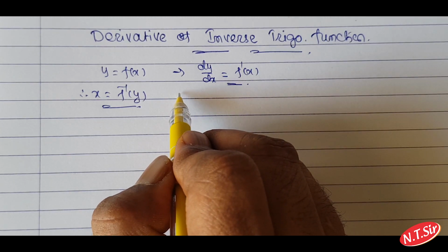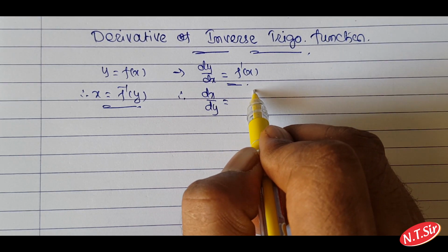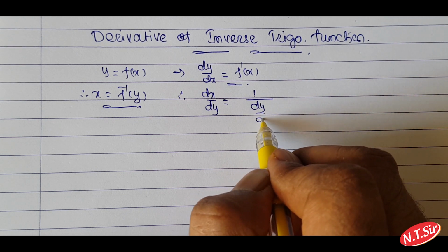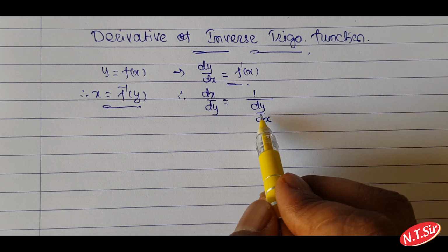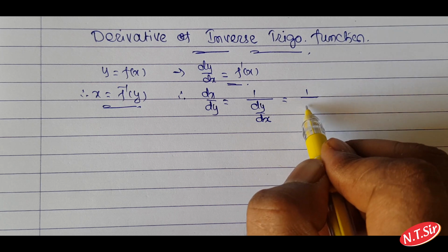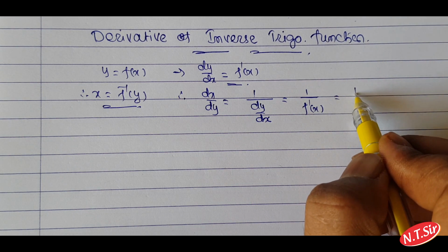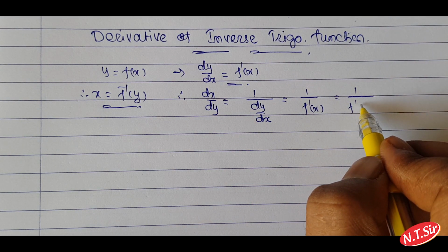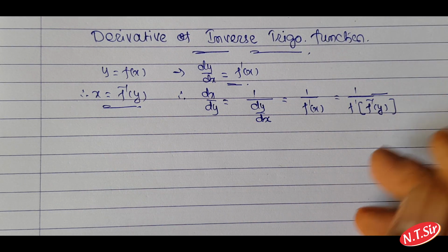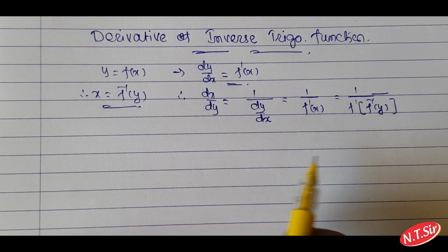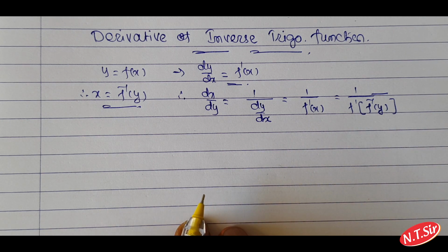Therefore dx by dy is equal to 1 upon dy by dx, and the value of dy by dx is f dash x, where x is f inverse y. So the derivative of the inverse function is the reciprocal of the derivative of the function.